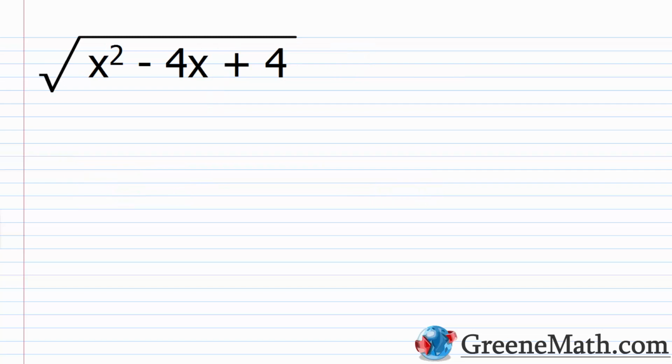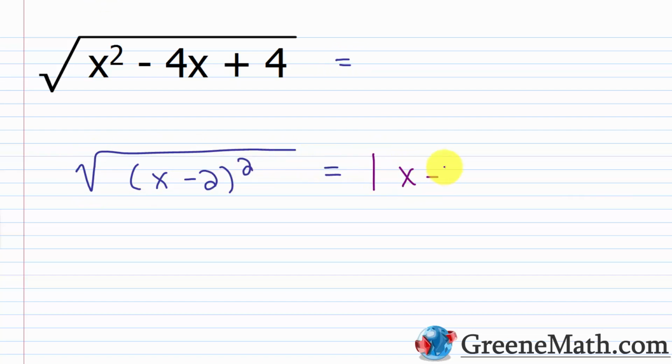All right, so the square root of x squared minus 4x plus 4, again, we have another perfect square trinomial. I would factor this and say this is the square root of x minus 2, squared. And I could say this is equal to the absolute value of x minus 2, okay? Again, if we wanted to just define this for x being greater than or equal to 2, then we can cancel.